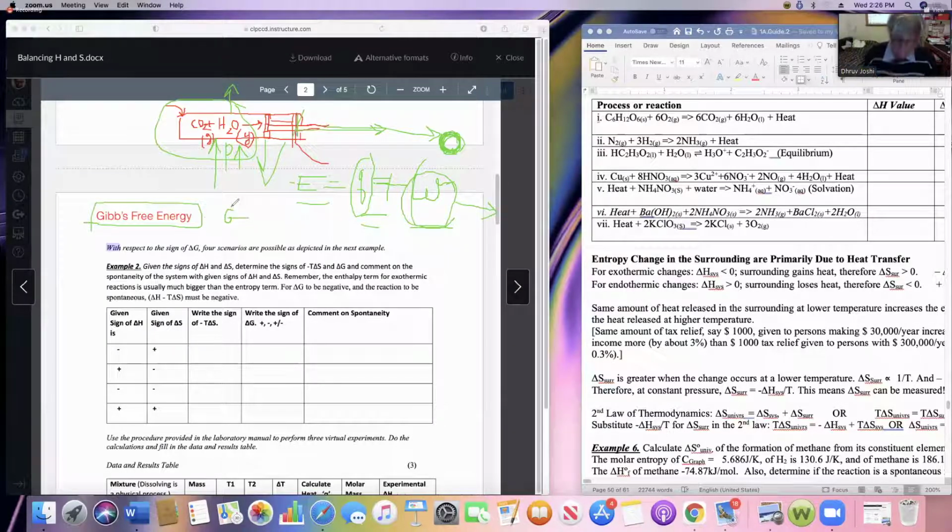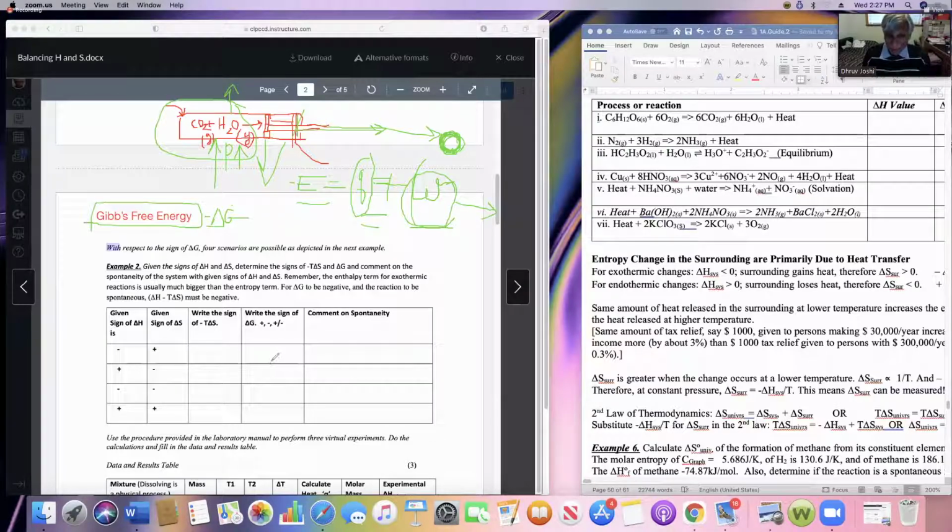Gibbs free energy is also connected directly with the spontaneity of the reaction. If the reaction is spontaneous, Gibbs free energy is negative. Delta G is negative. If the reaction is non-spontaneous, delta G is positive.